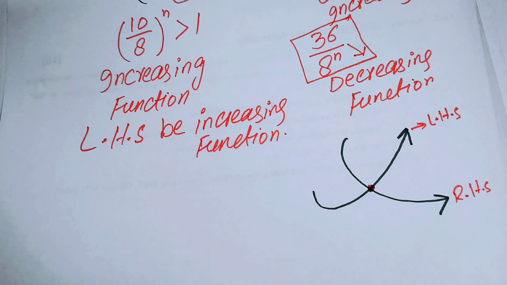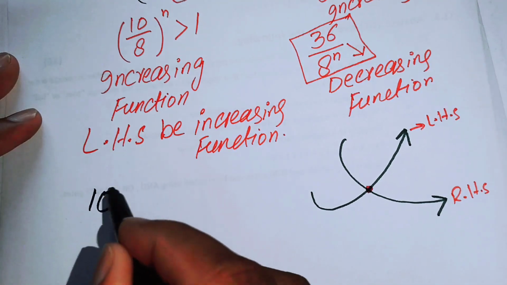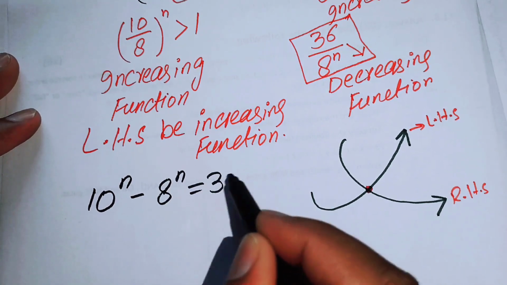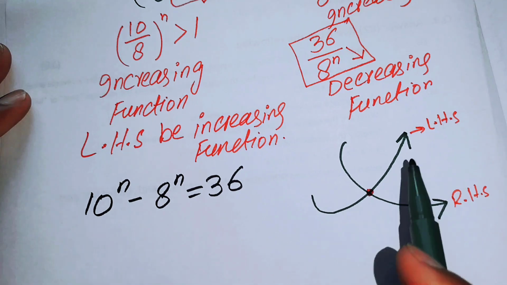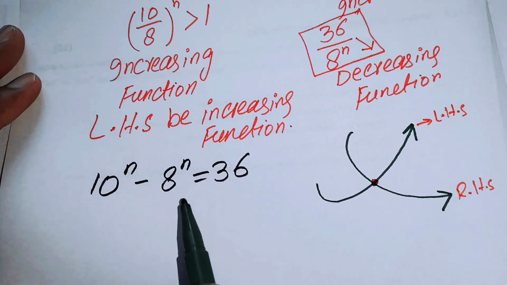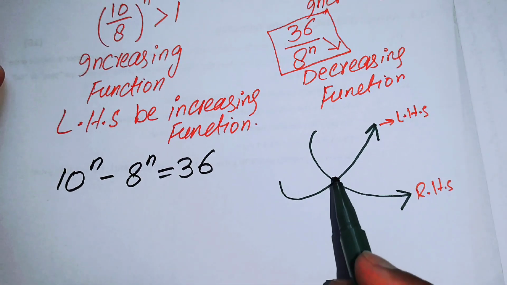I can write it here. We have the question statement 10 to the power of n minus 8 to the power of n is equal to 36. Here you can see that these two functions intersect at a single point. It means that our given question has only one solution, which is this point.